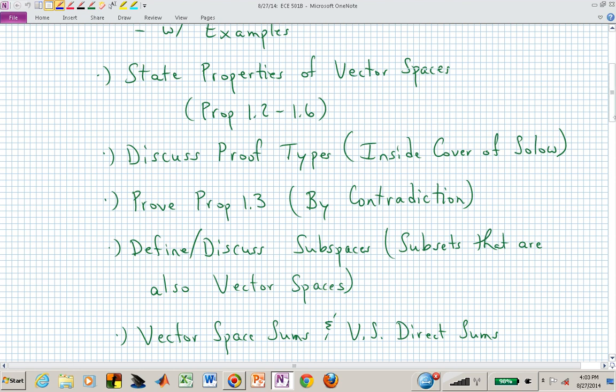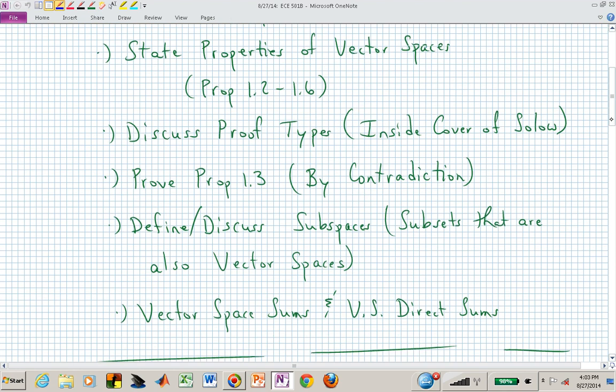If we have time, which I'm not sure we will, we will talk about vector space sums, which is different from unions of sets. So you have to keep track of what we're talking about when we talk about a subset and a subspace. Those are not the same.